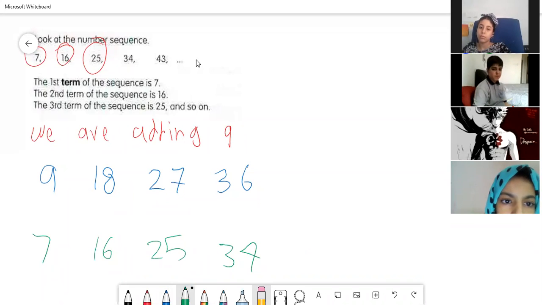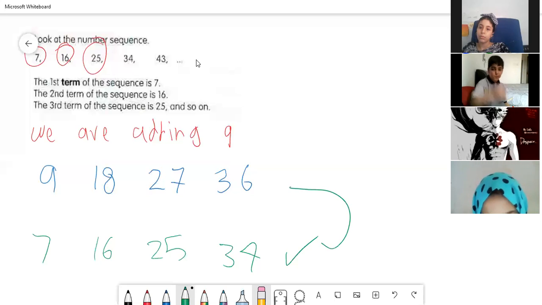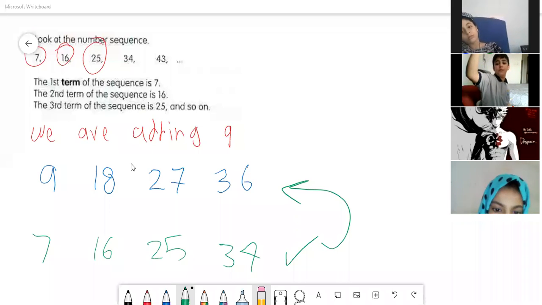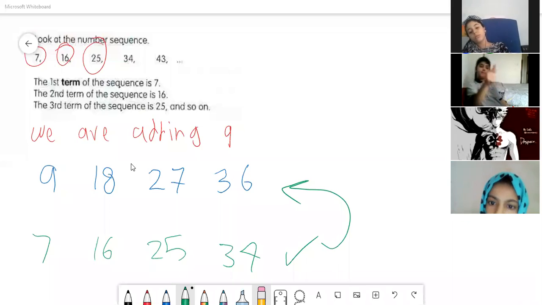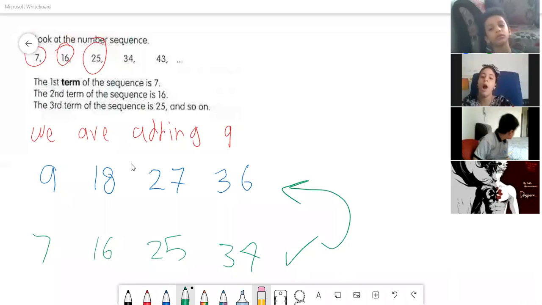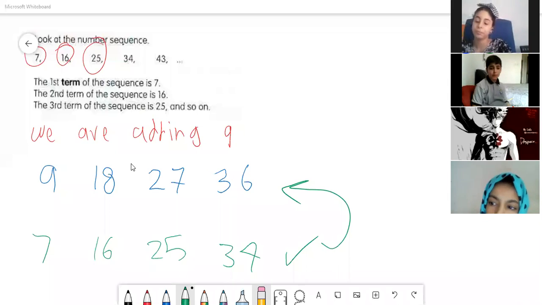Now, how can we describe this sequence with respect to the multiples of 9? Rumaysa? Minus 2. Right, we are subtracting 2 from the multiples of what? Multiples of 9.